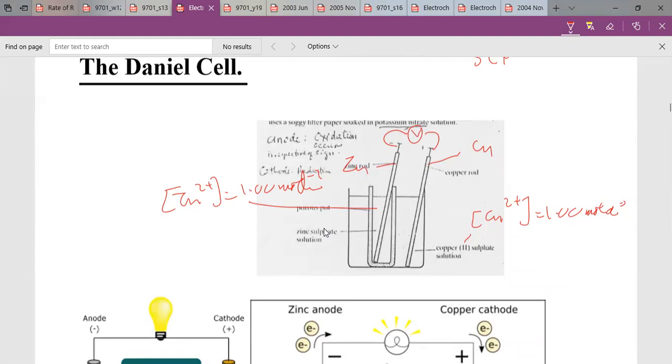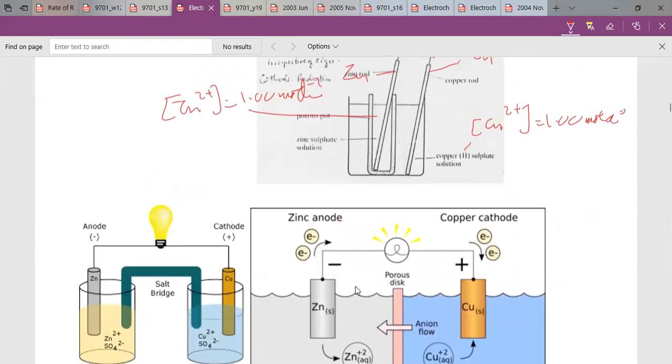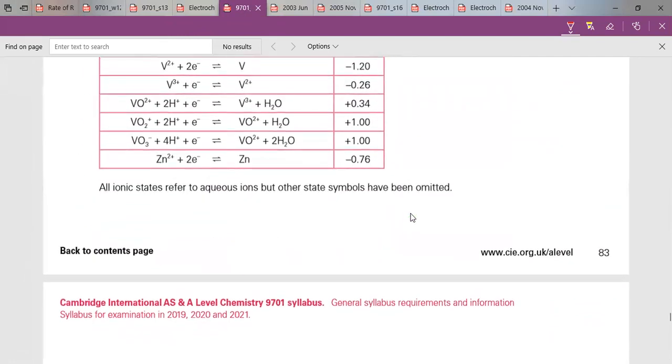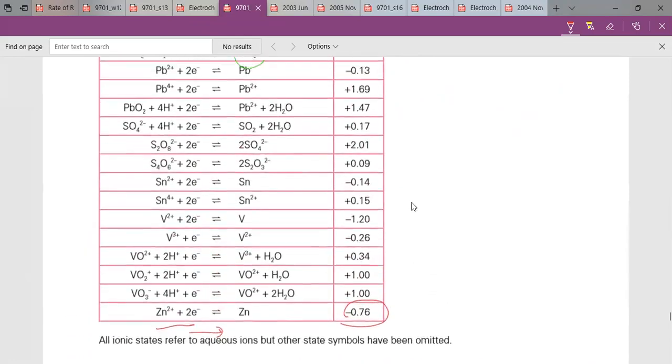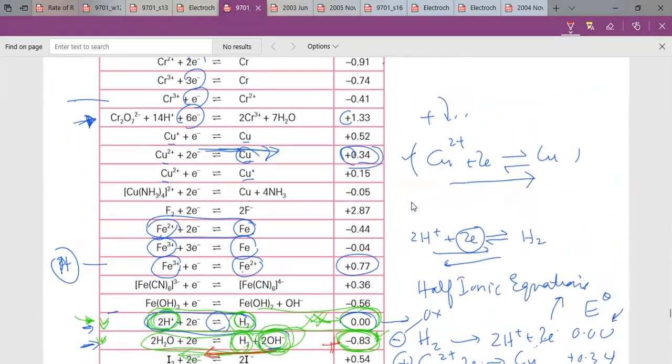Guess who is negative, who is positive? Now here you can see the whole thing. Put different things here. Wow, very simple. Look at your data booklet again. For zinc and copper, zinc reduction going forward is minus 0.something here. Now copper is what? Copper 2 plus is positive, isn't it?